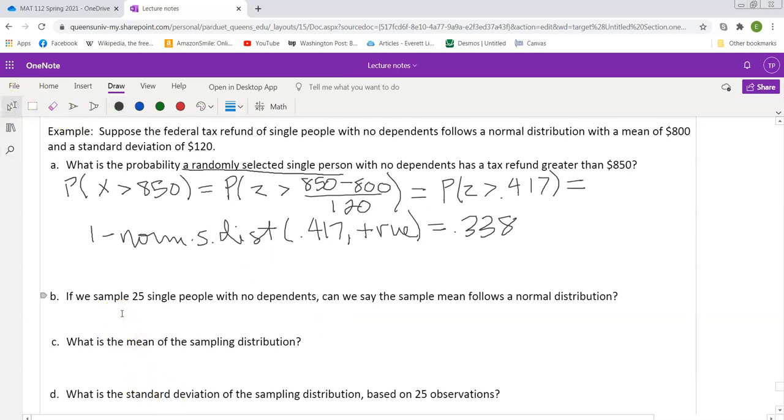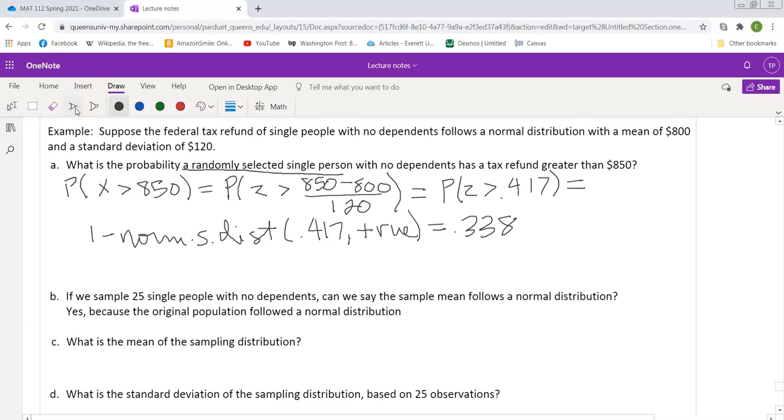And here the answer is yes, because even though we only have 25 people, we're told that the original population followed a normal distribution. So yes, because the original population followed a normal distribution. All right?